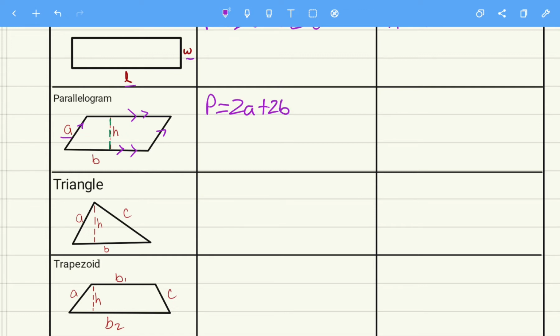So this side multiplied by 2 plus this side multiplied by 2. The area formula still looks very similar. It's height times base. But the height comes from the inside of our parallelogram, or it's just how tall the shape is on the inside, from the lowest point to the highest point.